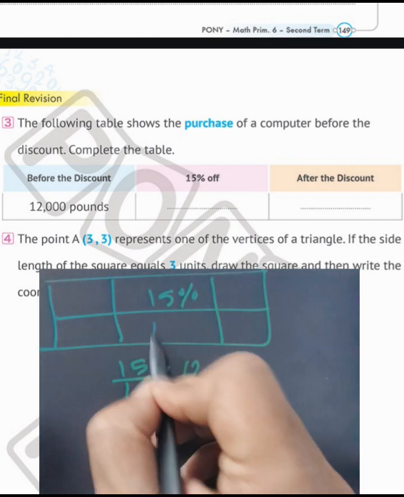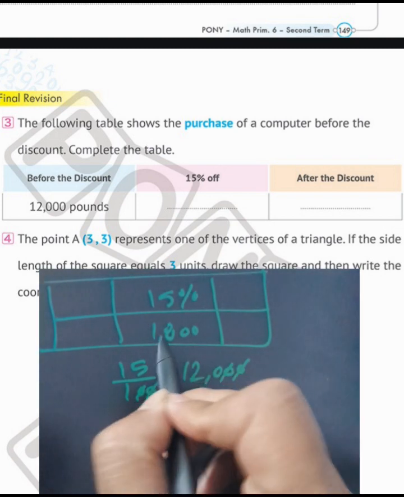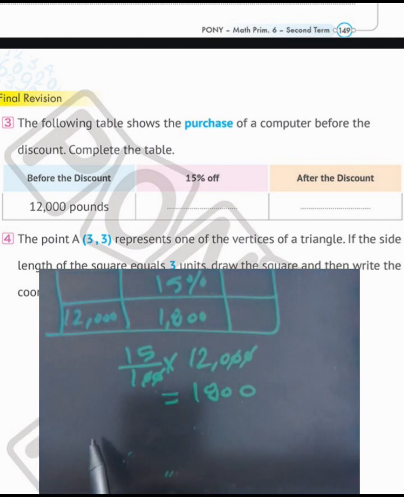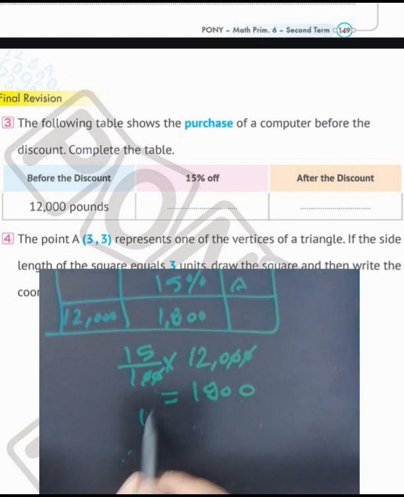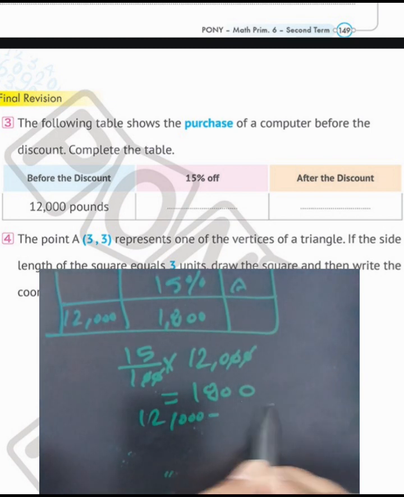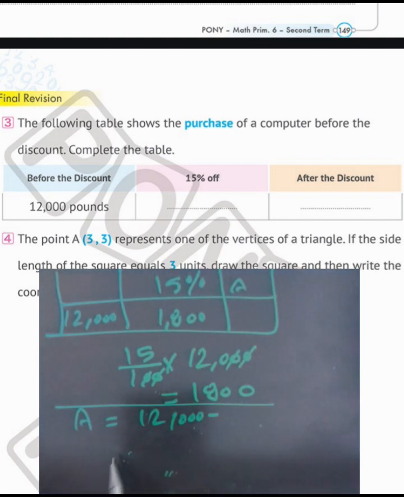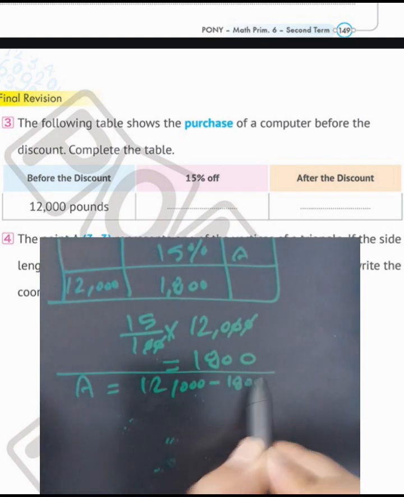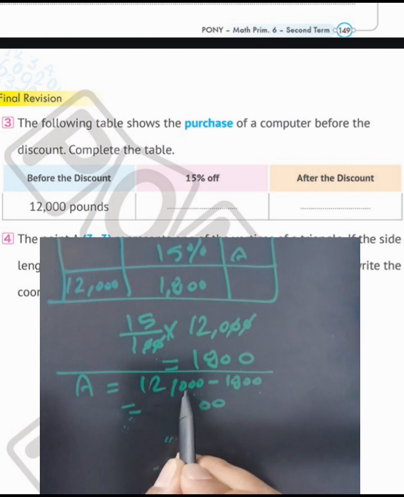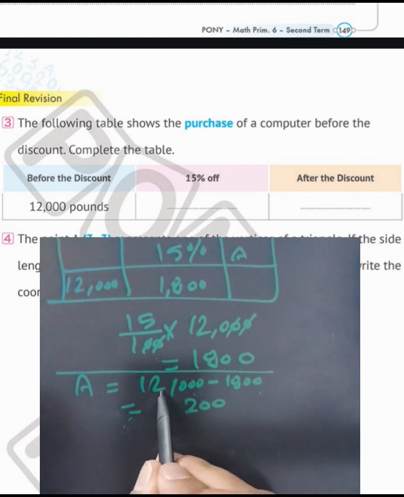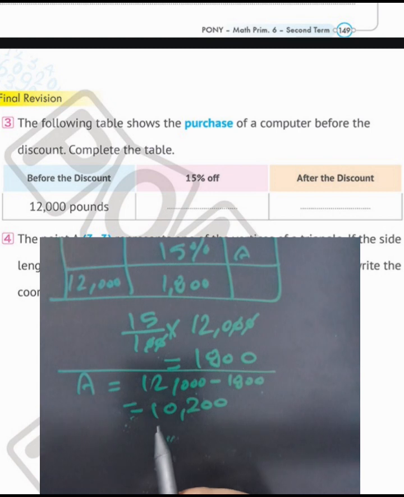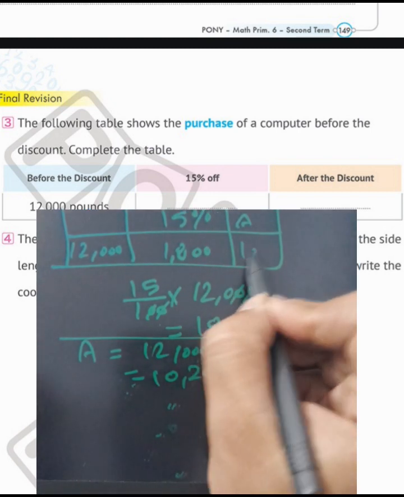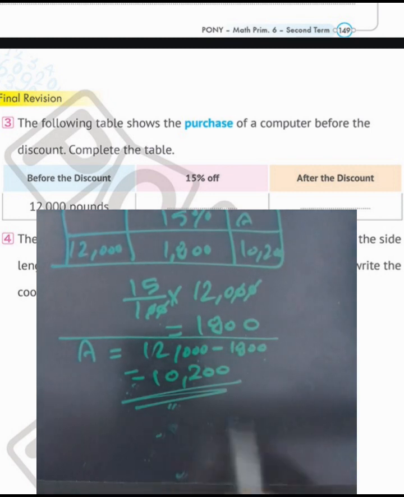Then the discount will be 1,800, and the total was 12,000. After the discount, we write 12,000 minus the discount. The money after discount will be what? 12,000 minus 1,800. Write double zero, and 10 minus 8 equals 2. 1 minus 1 equals 0. Write 1. The result will be 10,200 Egyptian lira. Okay, the amount after discount.